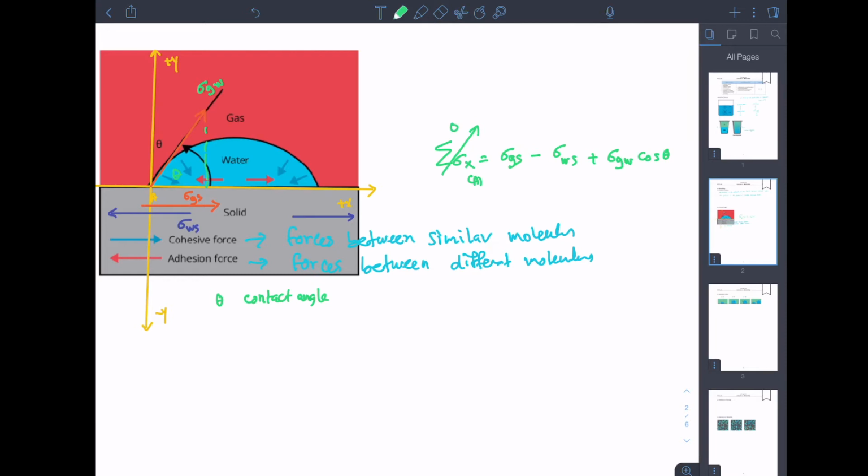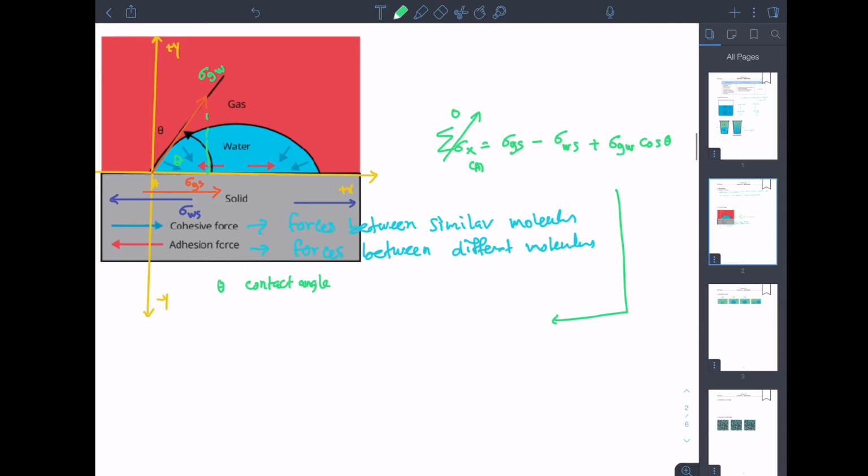And then we can adjust the equation, redistribute and reorder to find theta, or the contact angle. So let me proceed here. In this case, I'll just move these two to the other side. Then that will be sigma water solid minus sigma gas solid equals sigma gas water cosine theta.